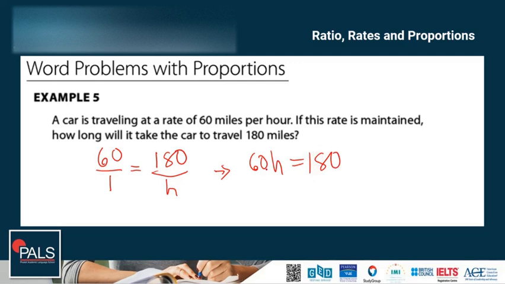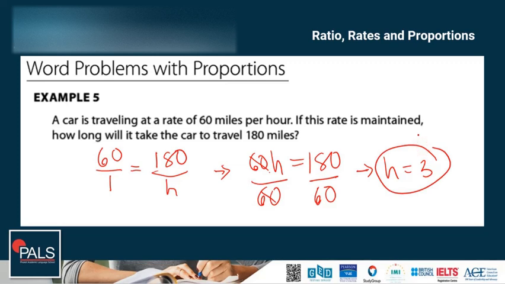Then divide both sides by 60. The answer is h is equal to 3. So it means it will take 3 hours to travel 180 miles.